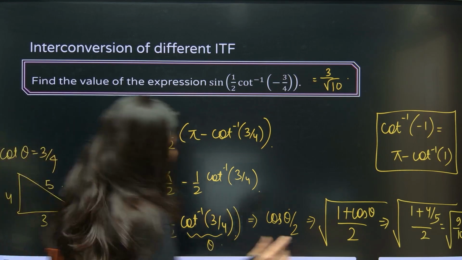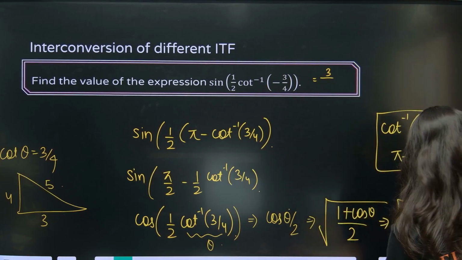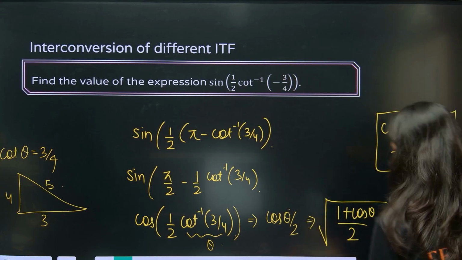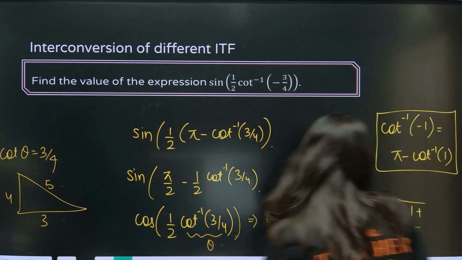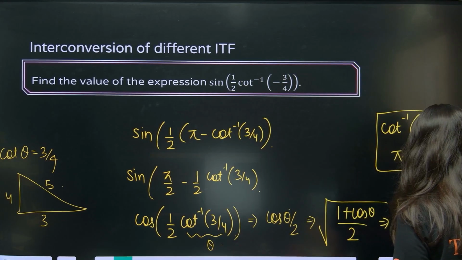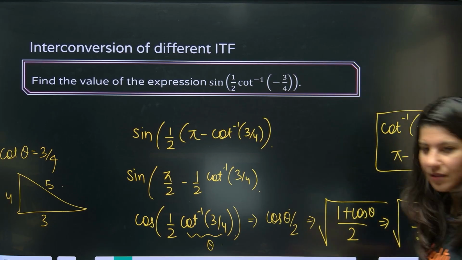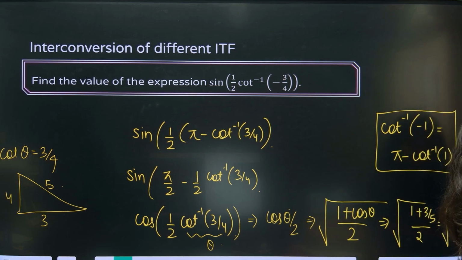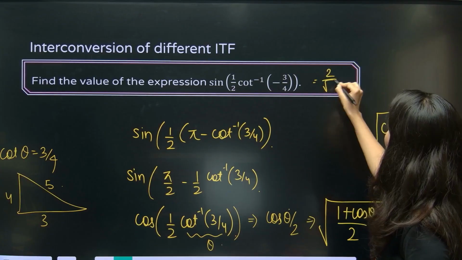Cos is actually 3 by 5, right? This is 3. So 1 plus 3 by 5 by 2. So this is going to give you 8 by 10. 8 by 10 will be what? 4 by 5. So 2 by root 5. Yes, so this is 2 by root 5.